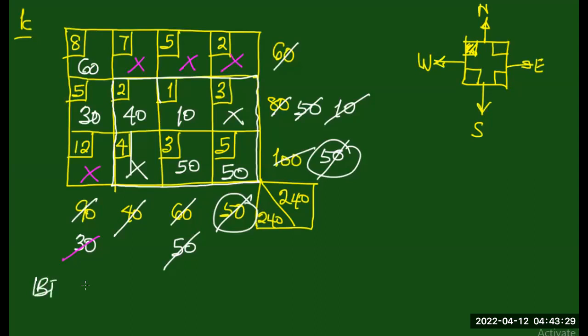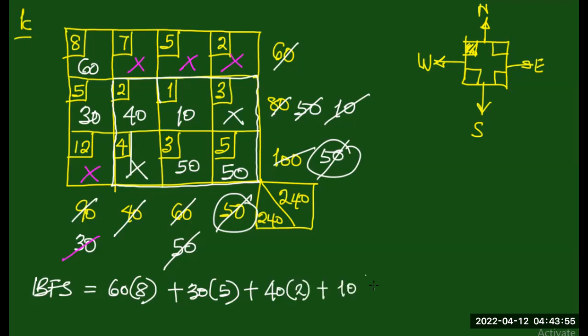Our initial basic feasible solution is 60 times 8 plus, we'll do the next one, row by row, which is 30 times 5 plus 40 times 2 plus 10 times 1 plus 50 times 3 plus 50 times 5. Someone should please give us a solution.